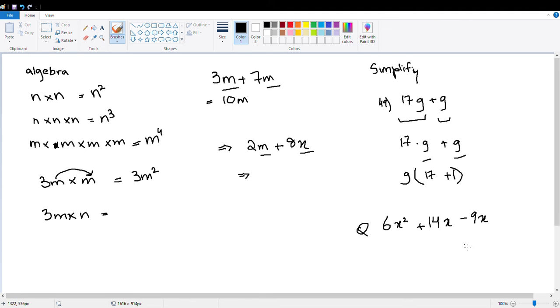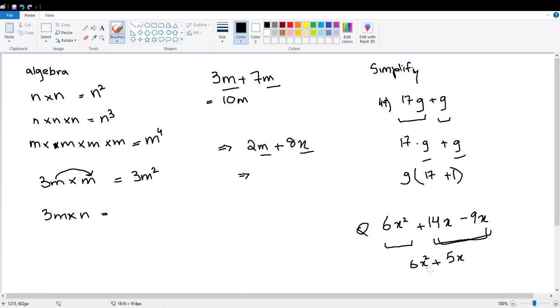Now how I can simplify it is, first of all I can see that these are both x terms, but this is an x square term, so I can add these two. So it will be 14 minus 9 from 14x, so only 5x will remain, and 6x square will stay as it is.